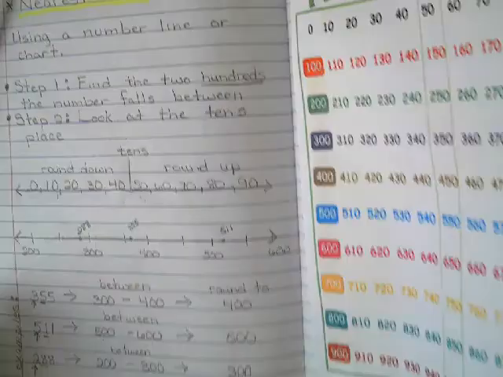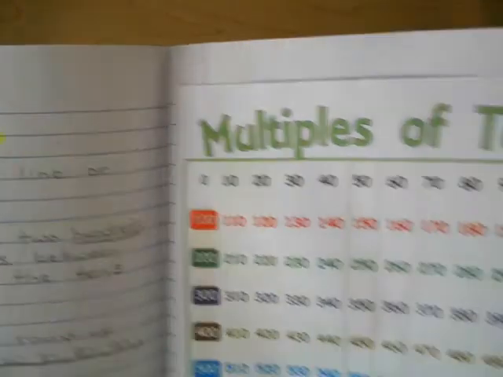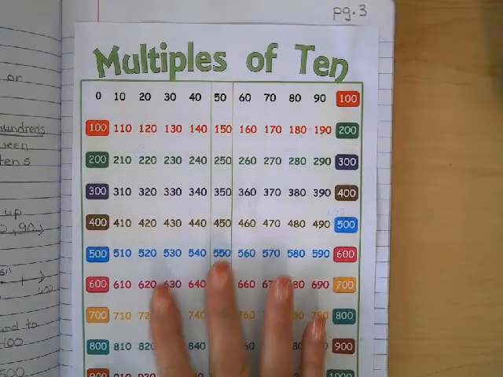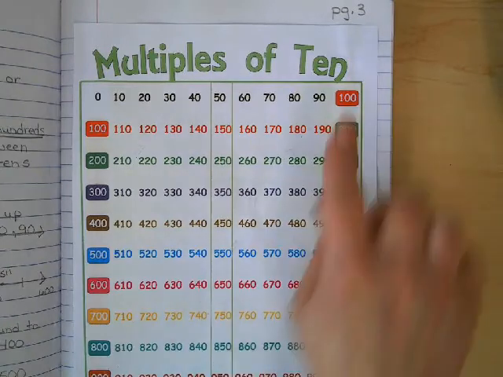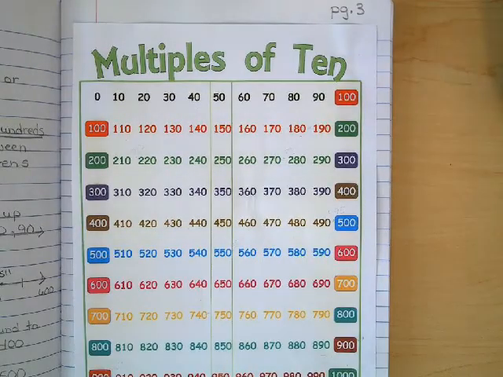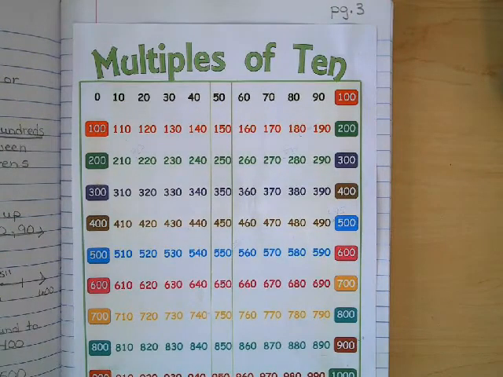And once you have finished writing those notes, you are going to paste your multiples of 10 chart on page 3. So we've gone from page 1 to page 2 to page 3, and your multiples of 10 chart will be on page 3.